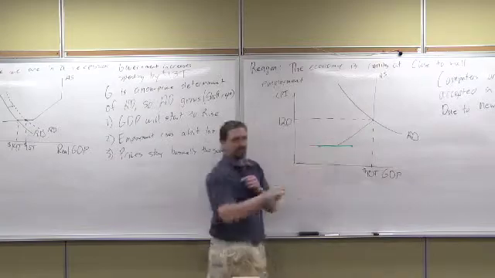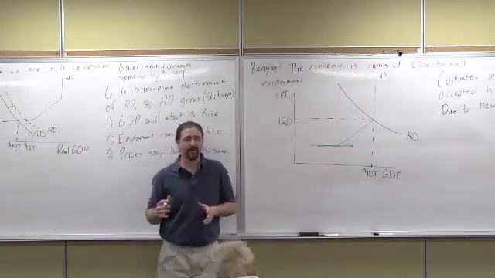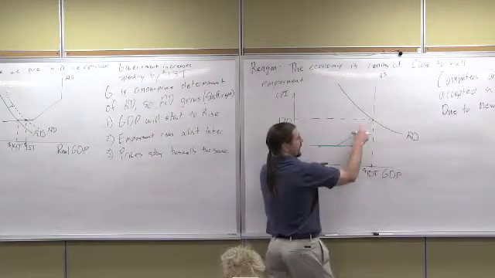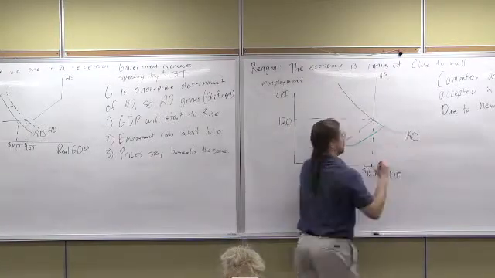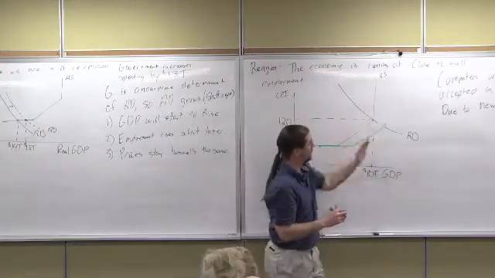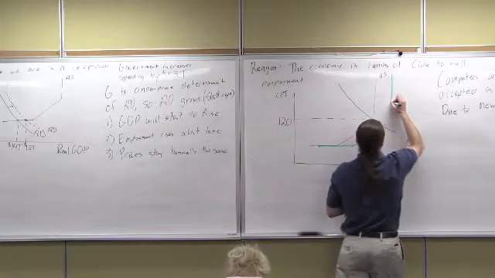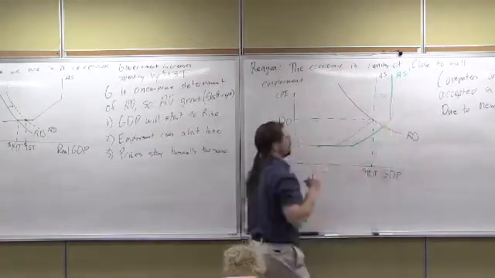Put a few extra millimeters here at the end, because it shifted to the right. Now, this line also has to shift to the right. And this entire vertical line also has to shift to the right. Here's our new aggregate supply curve where we shifted to.